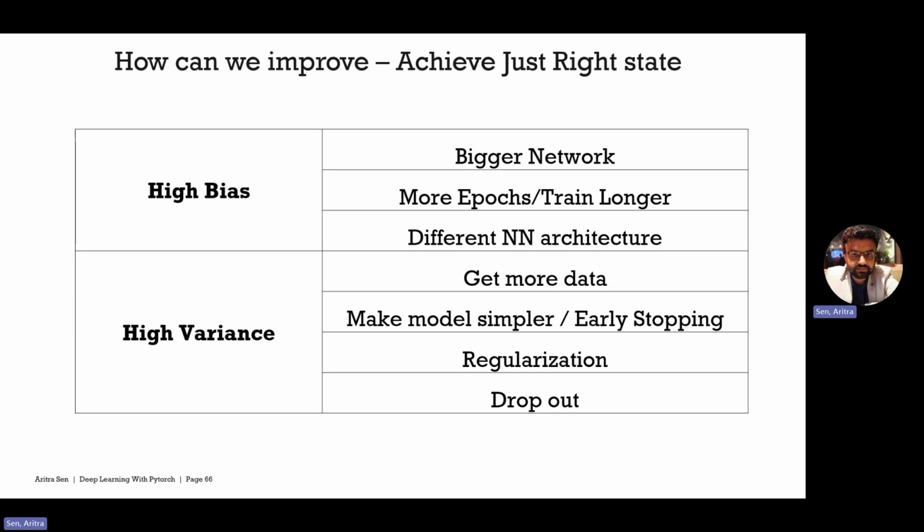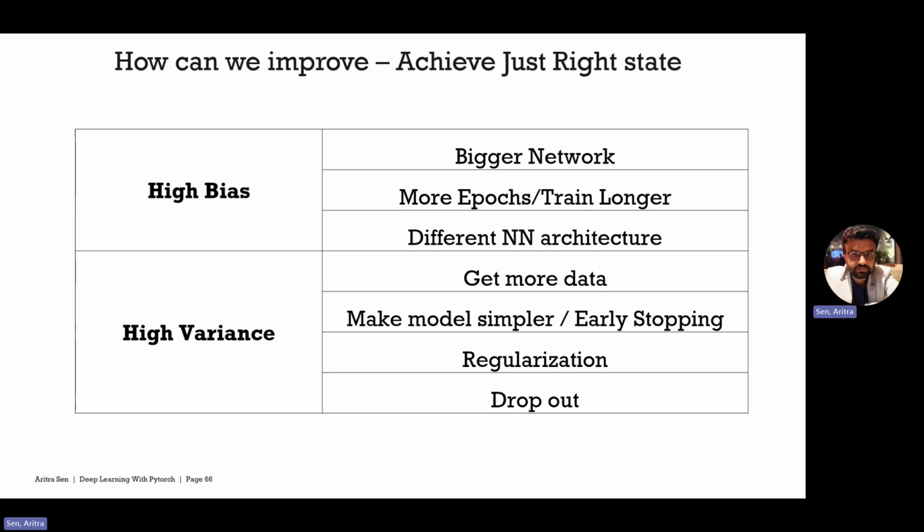Now, what about the high variance problem? In case of high variance, your model is not generalized well. It is very sensitive to the training data set. So you may need to feed more data into the model, and you hope that the model will be much more generalized using more data. You can make your model simpler, like you can reduce the number of hidden layers and the number of nodes in each of the hidden layers.